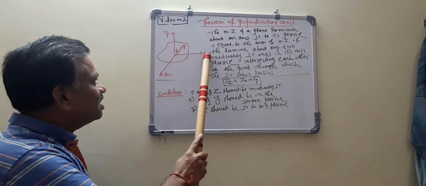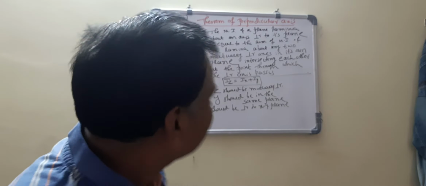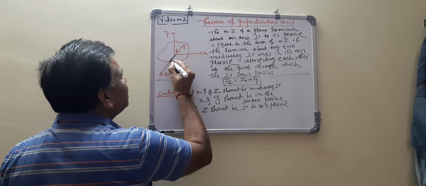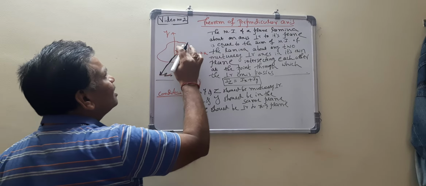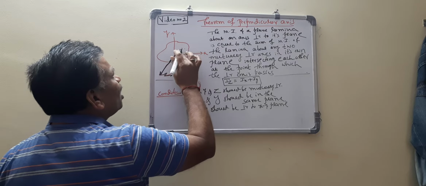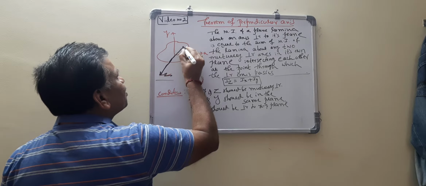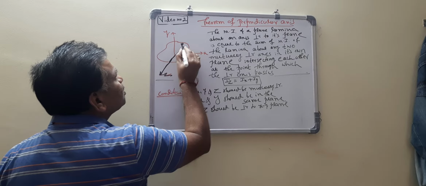This is the x-axis and this is the Y-axis. Now you see, I am considering another axis, perpendicular to X and Y. Now I am considering one point, this is the point P. What are the coordinates of this point P?